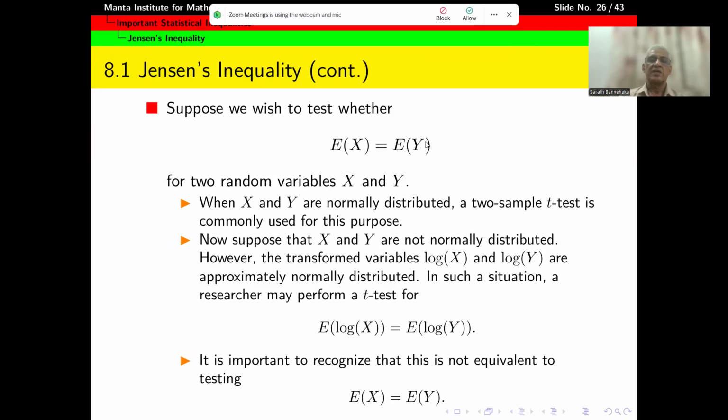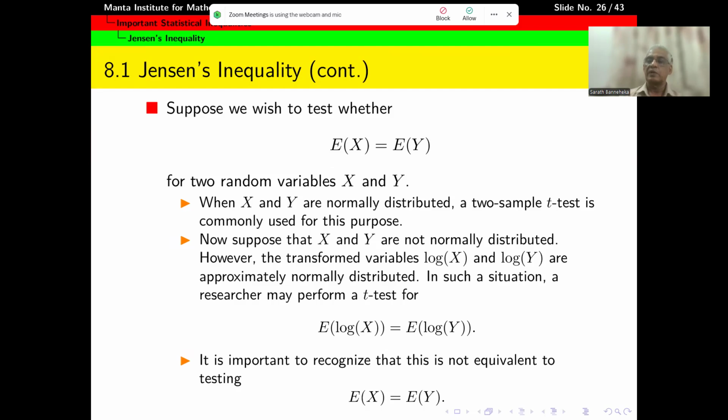Therefore, what we do is we take a sample from each population, and then using the sample, we carry out the sample test, right? So if X and Y both are normally distributed, then of course there is a standard test. But if X and Y, or maybe one of those, is not normally distributed, then the t-test is not valid, especially if the sample size is small. So what some people do in that case is they do some transformation.